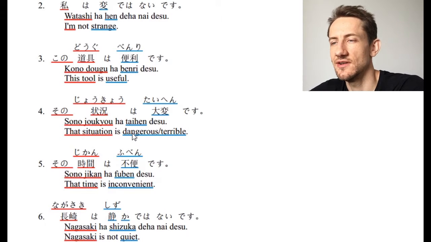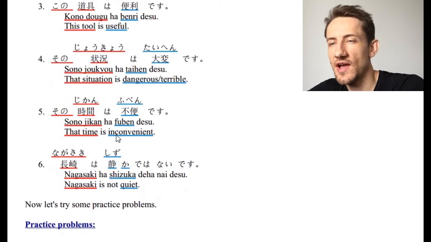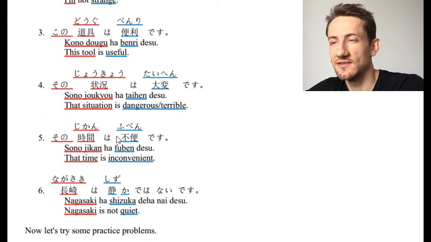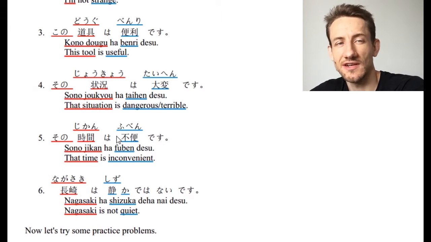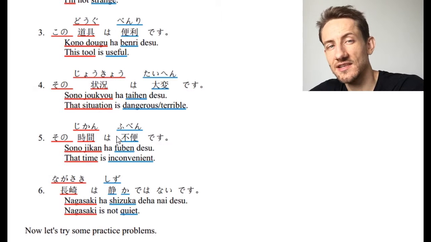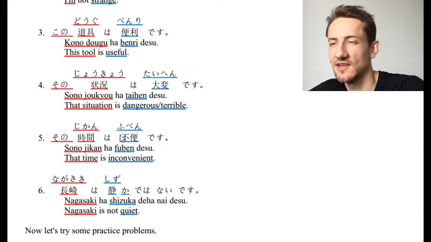That situation is dangerous, awful. Number five, その時間は不便です。That time is inconvenient. And number six, 長崎は静かではないです。Nagasaki is not quiet. Nagasaki is not a calm place.